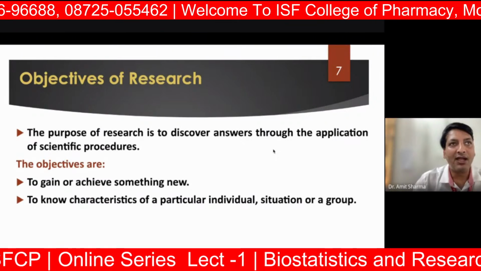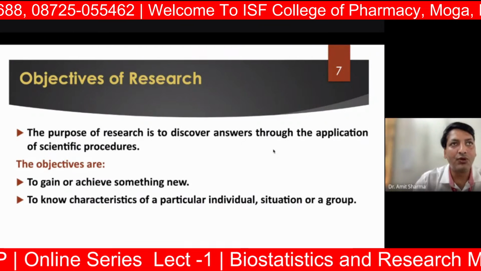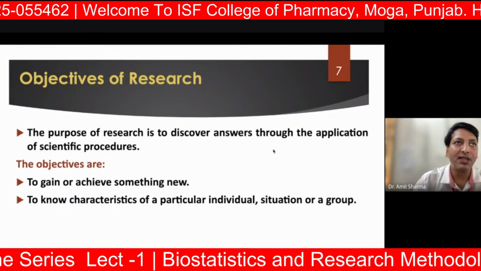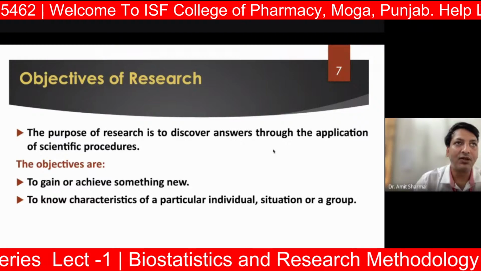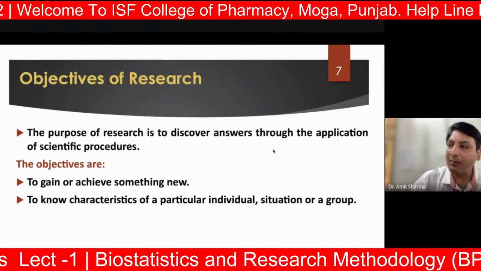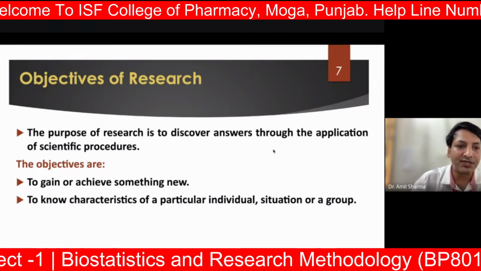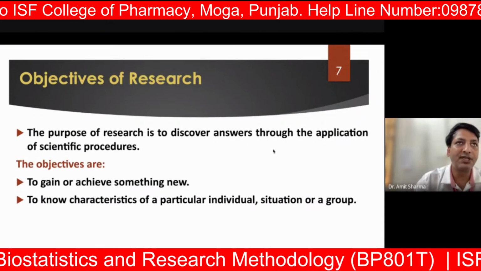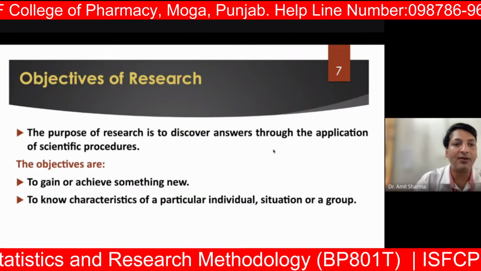That means whatever procedure you are going to apply should have some scientific background. Then only you can say that you have got the answer to the question by applying some sort of research, and that you have carried out research.